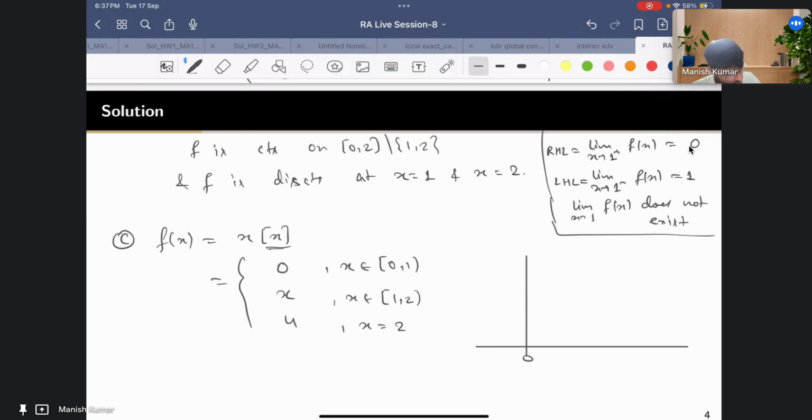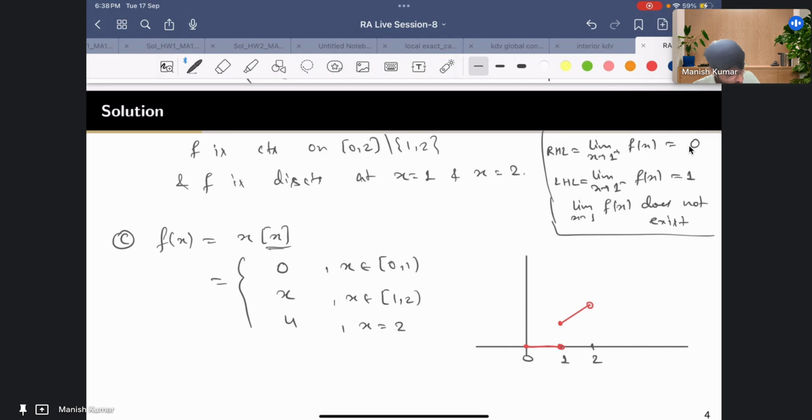So this is 0, this is, let's say, 1, this is, sorry, this is, let's say, 2. Then in (0, 1) the value is 0, so at 1 it's hollow. At 1 the value is 1 because it's x, so maybe it should be here, and then you go a straight line like this till 2. So this is my 2.